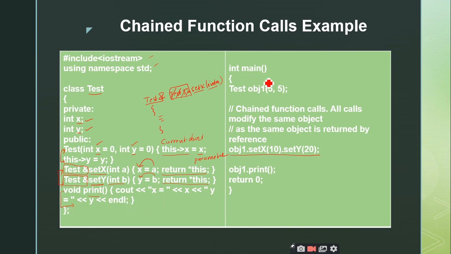Coming to the main function, I create an object obj1 for the test class with two parameters 5 and 5. So this is my obj1 object.